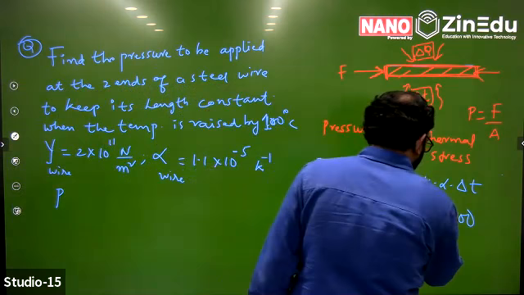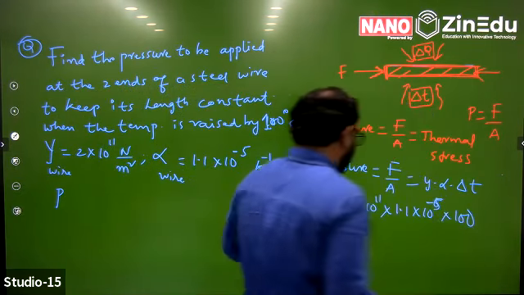This is 10 power minus 5, 1.1, 100, 2 into 10 power 11.